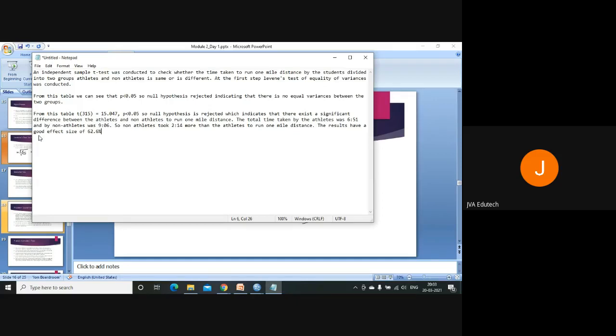For the independent t-test, given your sample size, whatever results you are getting, that non-athletes took 2 minutes 14 seconds more than the athletes, has an overall effect size of 62.6% given your sample size. Okay, so this is the overall interpretation of the independent t-test.